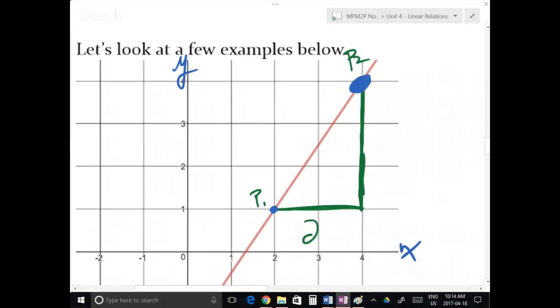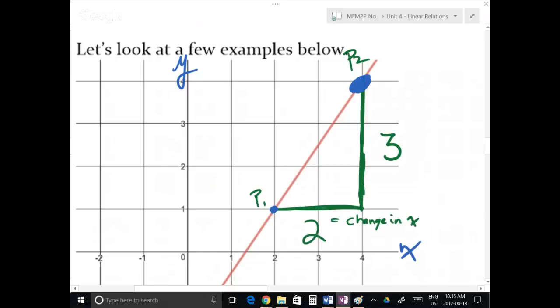Over by 2, and I'd have to go up by 3. Good. Now, again, this 2, is that changing the x value or changing the y value? It's the change in x. Good. So that's the change in x.